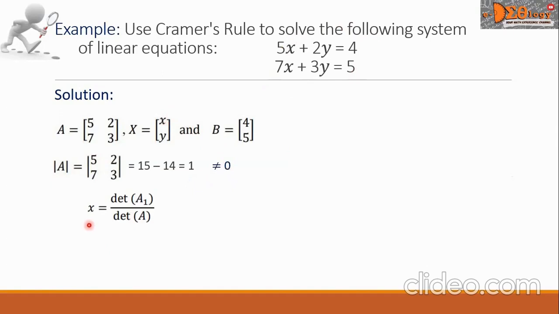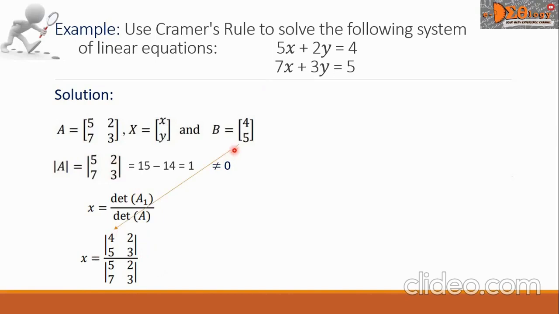First, let us compute for the x. This is equal to determinant of A sub 1 over determinant of A. First, let us copy the matrix A in the denominator. And for the matrix A sub 1, we will have like this. It is almost the same with the matrix A except the first column.